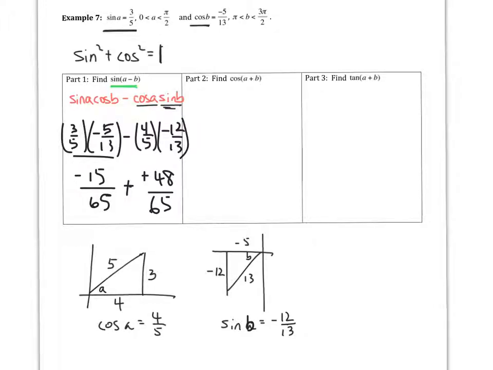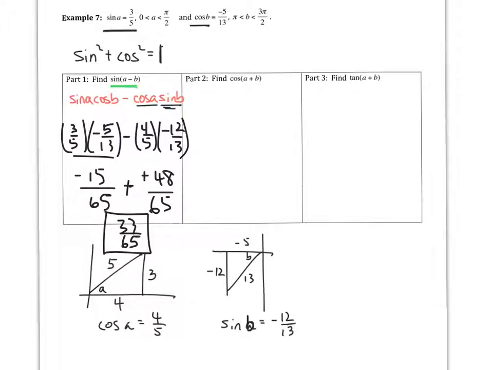What's 48 minus 15? 33 over 65. And then just always think, can I simplify that? Well, the only factors for 65 are 5 and 13. The only ones for 33 are 3 and 11, so there's no common factors, so I can't simplify it. So there is my final answer.